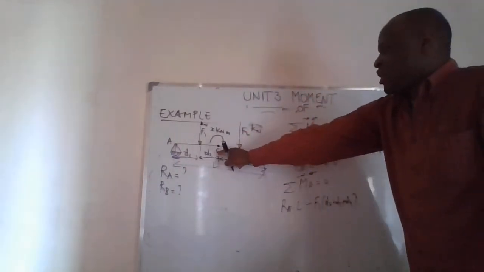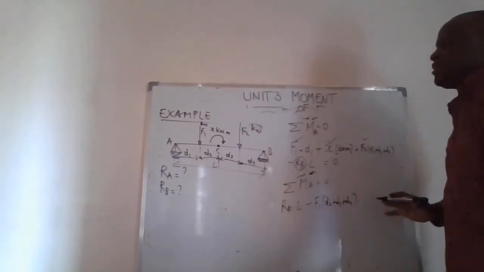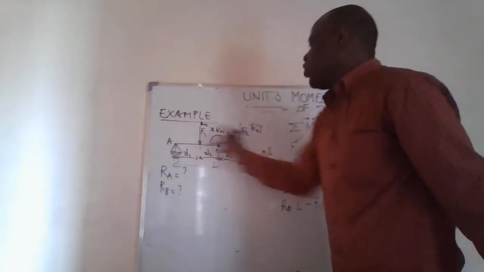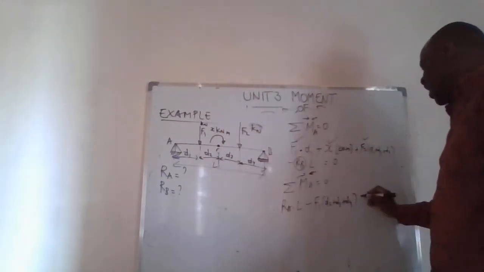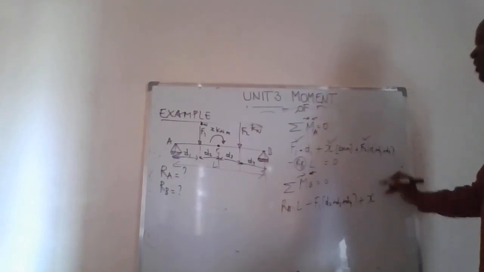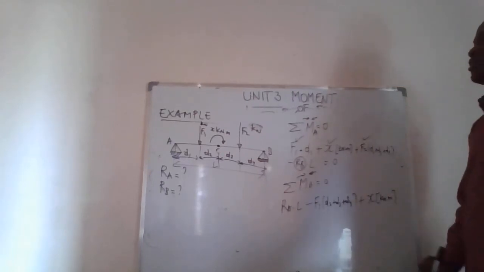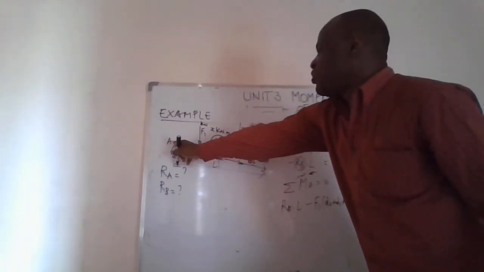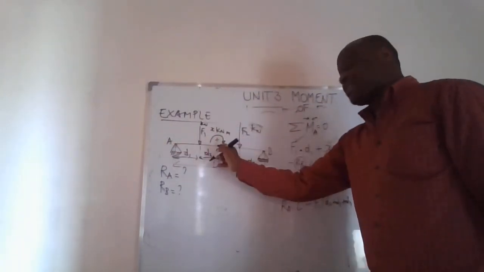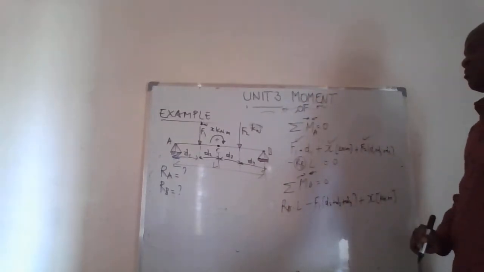Then at C, we have an applied moment. This moment is already defined. Be it compared to A or to B, this moment is already given as a positive moment. I will just add it as given, plus X in kilonewton meters. We can see the moment is established, and I will keep it like that in the equation.